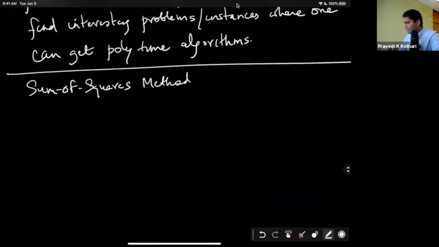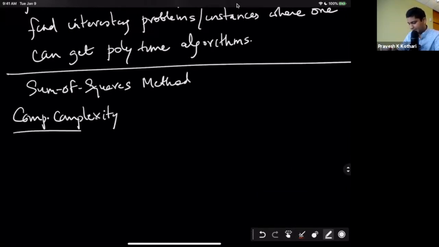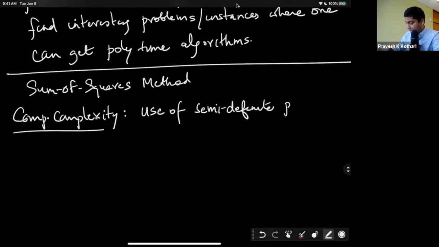So for example, in computational complexity, which we can think of as the home area from the perspective of this class, the use of semi-definite programming is a focal point of research.